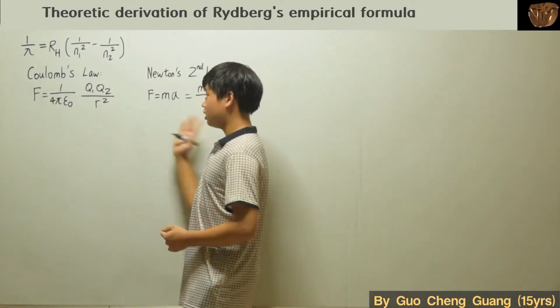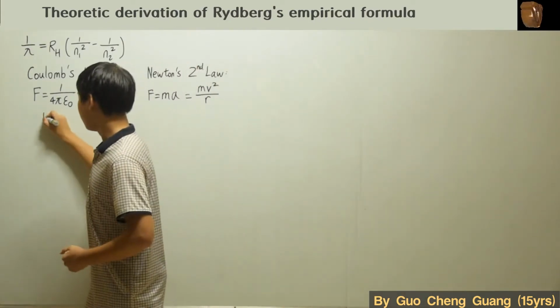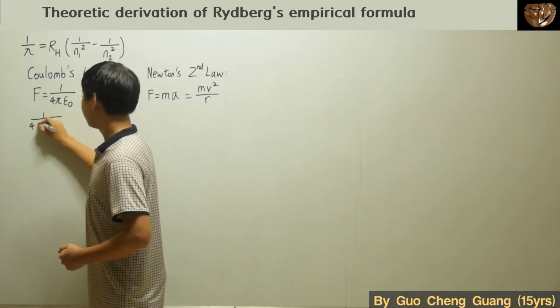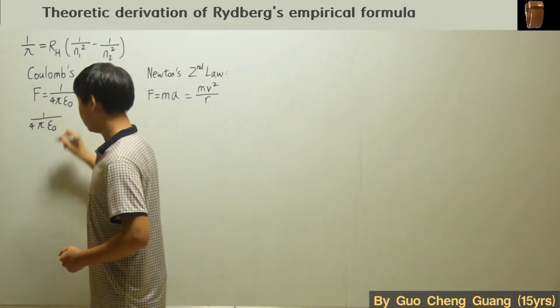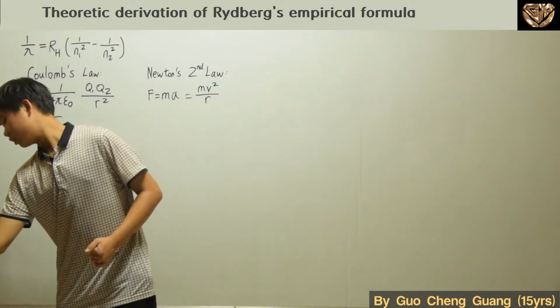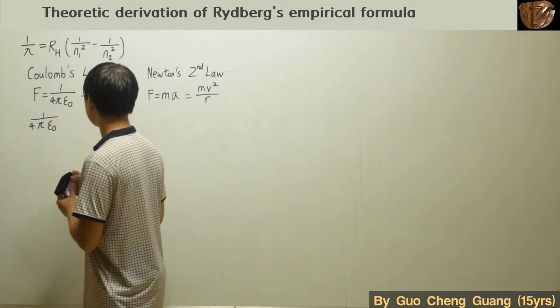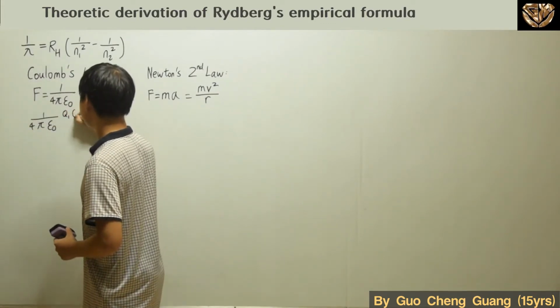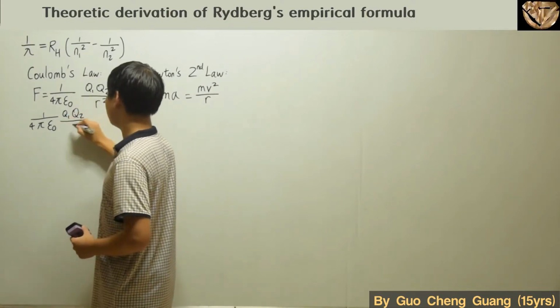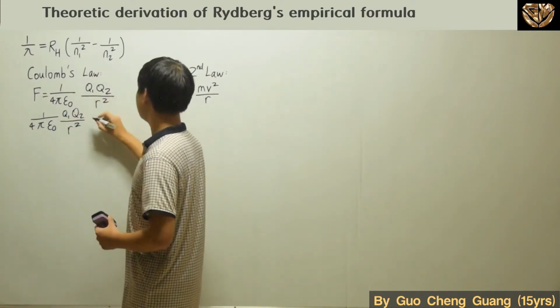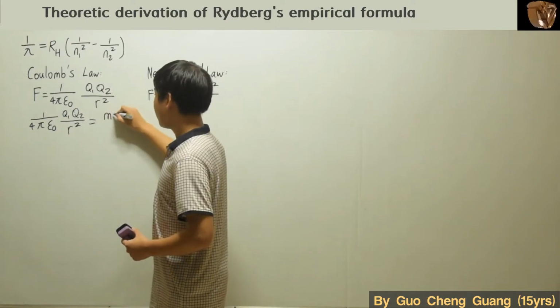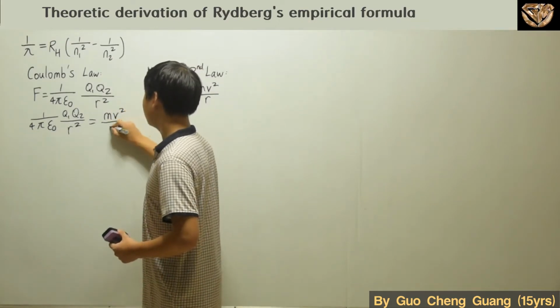So you can equate both of these, where you have 1 over 4 pi epsilon naught Q1 Q2 over r square is equal to m v square over r.